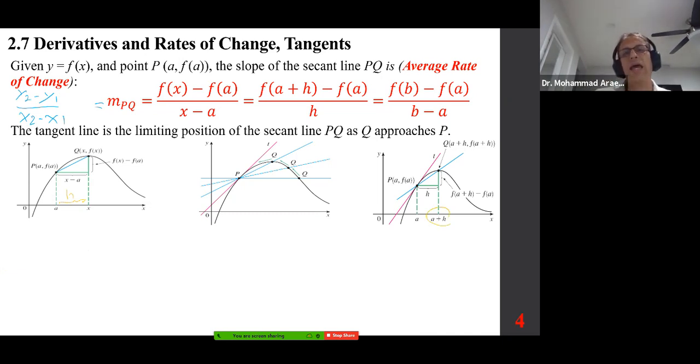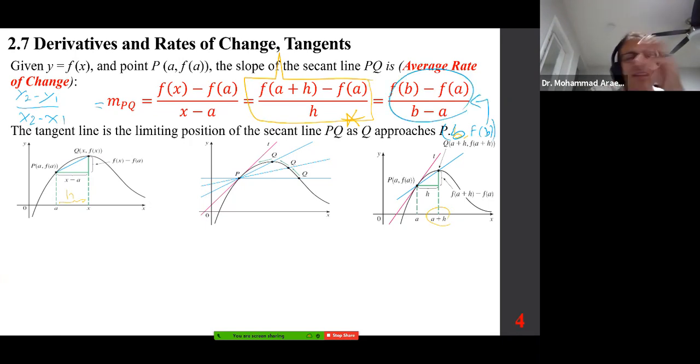So that gives rise to this definition. If the second point, class, call it b, let me use a different color. If you call it b comma f of b, that gives rise to this definition.